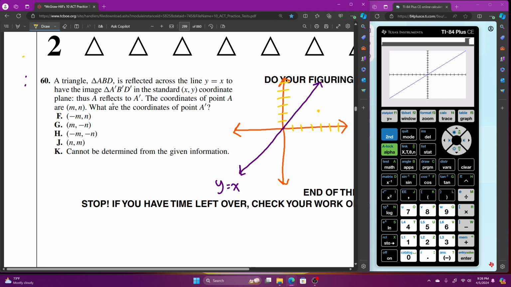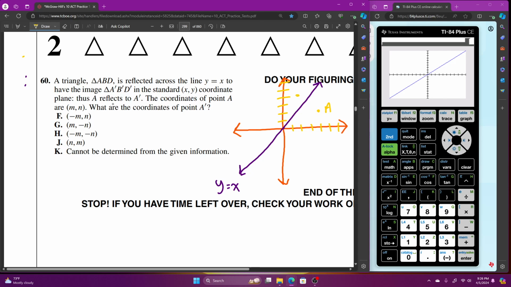And now I have to use my imagination. Here's point A, and it's getting reflected about this line here. I'm taking my purple line, and if it's my paper, I'm going to fold it in half. And where does A go? It's going to go right about here.